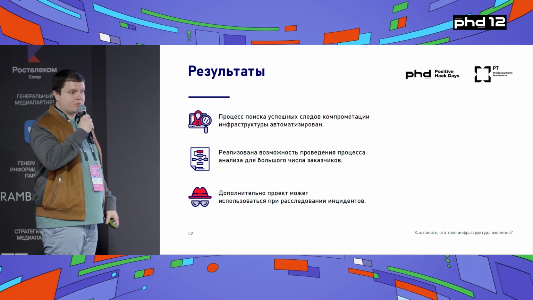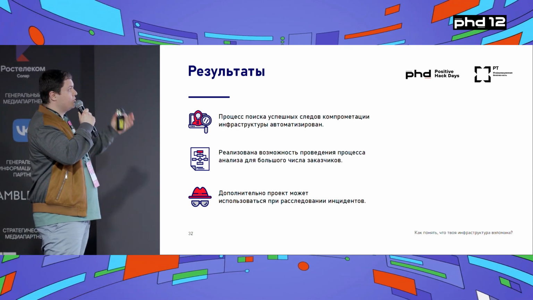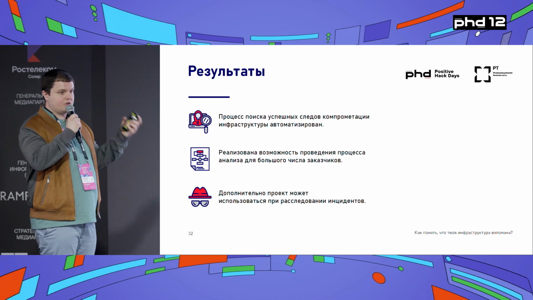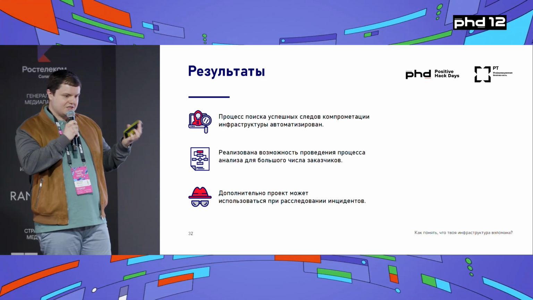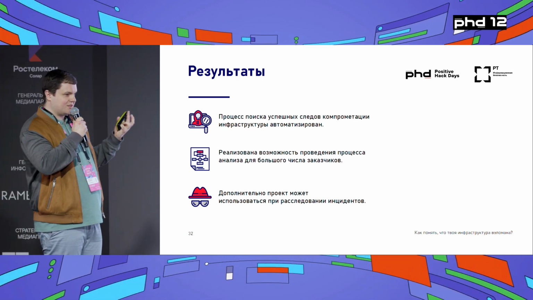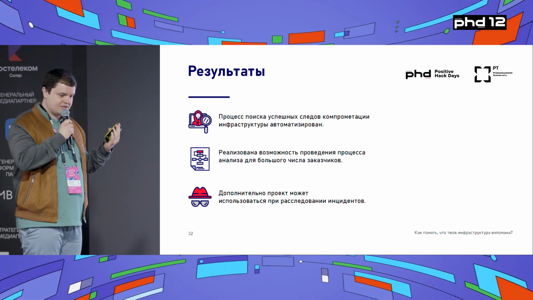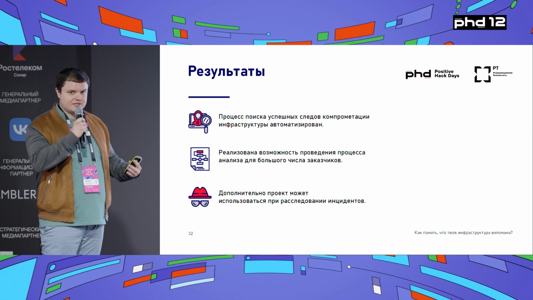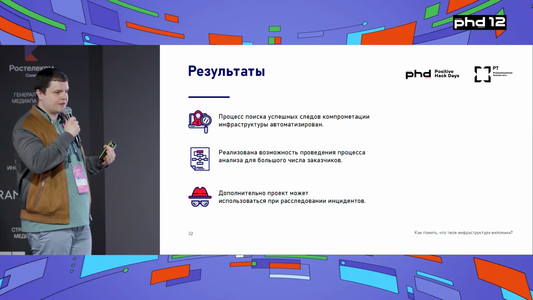So what results were obtained in such a process? So we automated the search of successful traces of compromising. So we got an automated preparation of the tools. Data collection is also automated. Correlation and normalization of data is also automated.